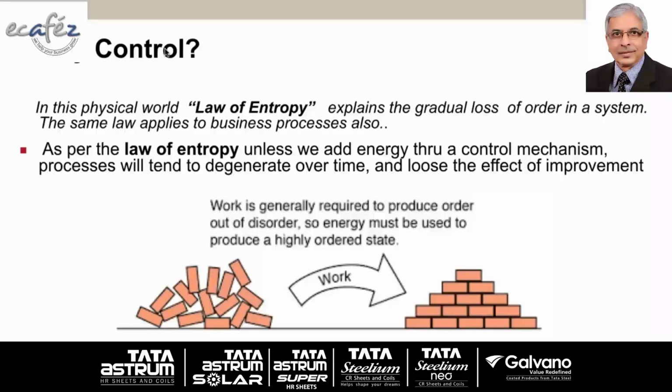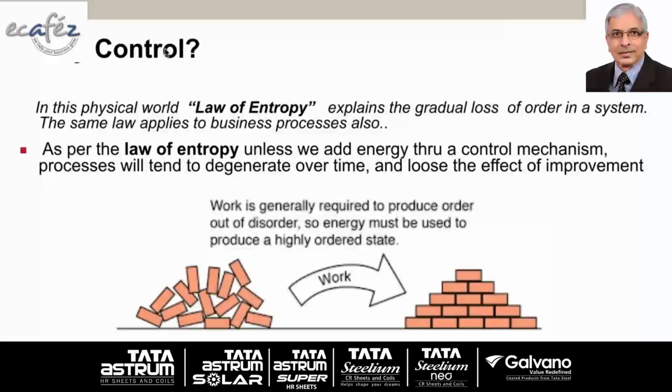To overcome that disordered state, you need a control. Here, the bricks are in the disordered state. To put them in order again, you have to keep putting in some effort. You have to exercise control.